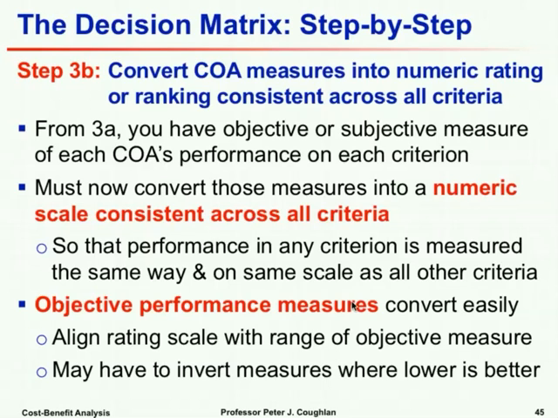You've got to compare apples to apples. You've got to use the same yardstick. And so what we do then is convert all of these evaluations, all of these measurements, into a common scale.